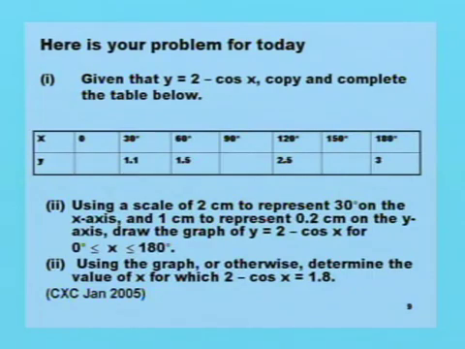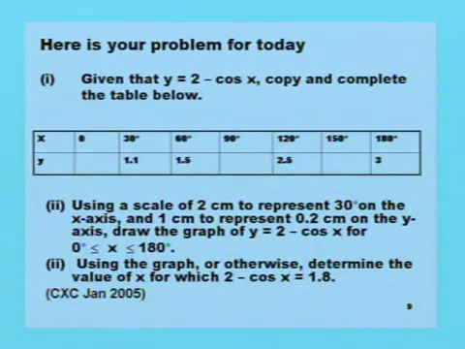You have the y values. Some are missing, but some are given. Corresponding to 30 degrees, you have 1.1. Corresponding to 60 degrees, you have 1.5. Corresponding to 120 degrees, you have 2.5. Corresponding to 180 degrees, you have 3.